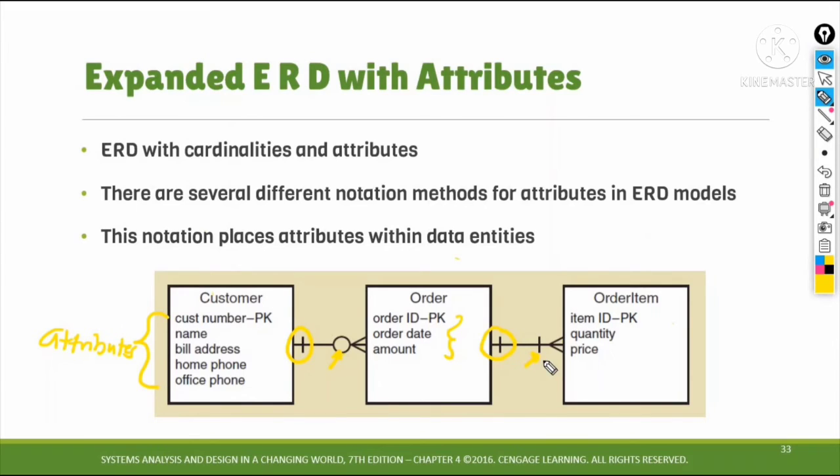Now each order could have a minimum of one or a maximum of many order items. So the order item has attributes of the item number, the quantity, and price.